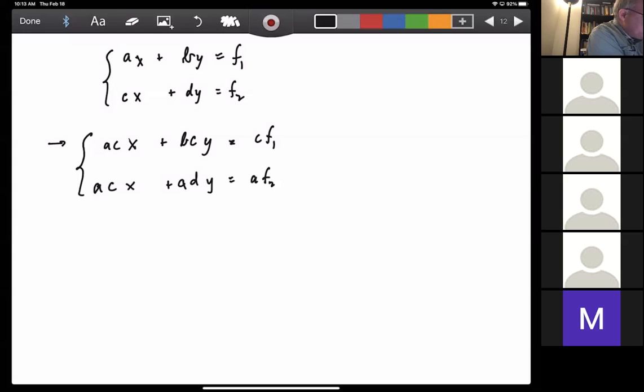And I'm going to take the second equation minus the first equation. Then I'm going to isolate y.